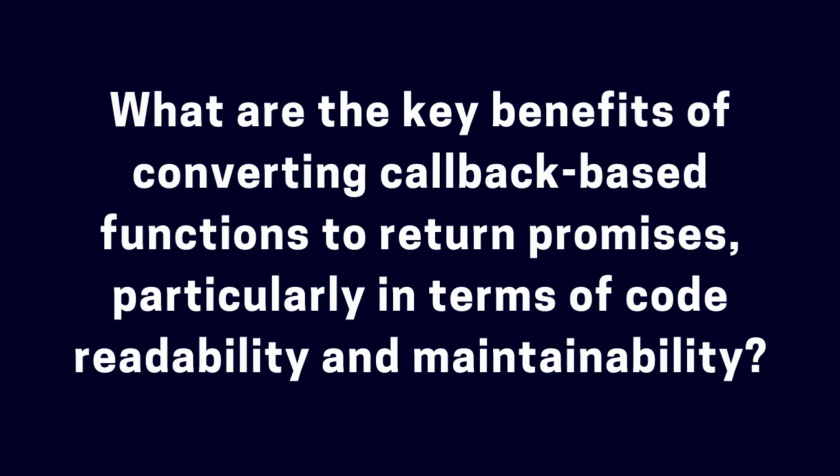Promises allow for chaining operations using .then and .catch, which results in a flatter, more linear code structure, making it easier to read and understand. This approach eliminates the deeply nested, hard-to-manage code typical of callbacks known as Callback Hell. Additionally, promises provide a consistent way to handle errors, further enhancing the maintainability of the codebase.